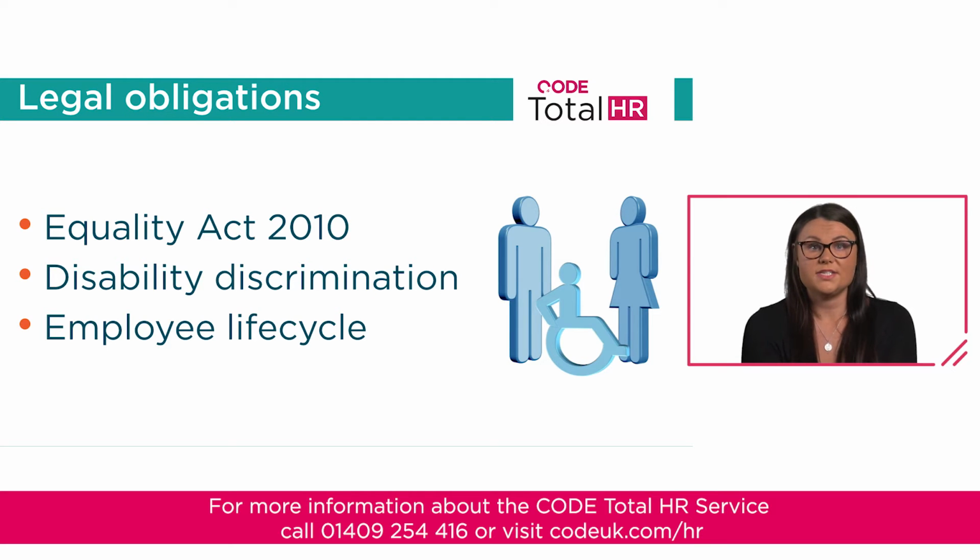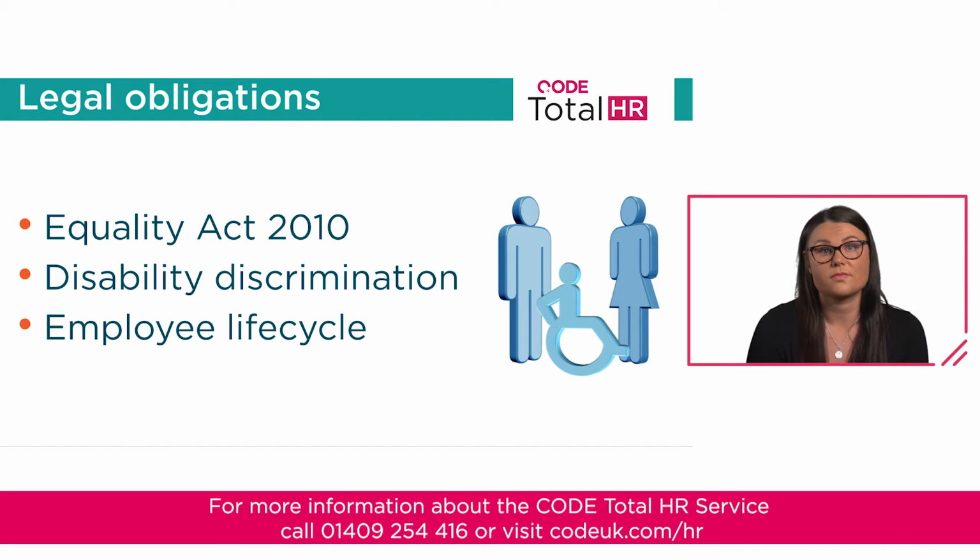So our legal obligations. As employers, we are obligated under the Equality Act to provide reasonable adjustments to ensure that our disabled team members aren't at a disadvantage. The Act really puts the emphasis on the employer to provide reasonable adjustments to ensure that we're promoting a safe, effective and inclusive workplace environment.